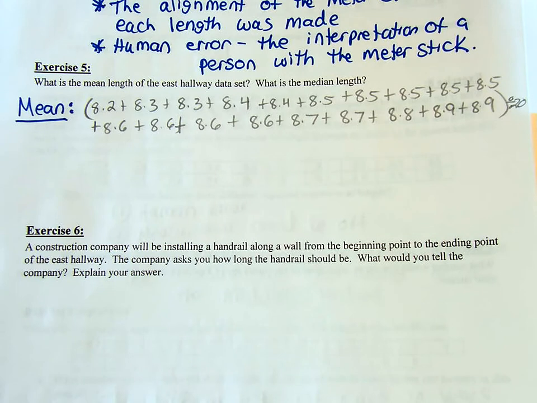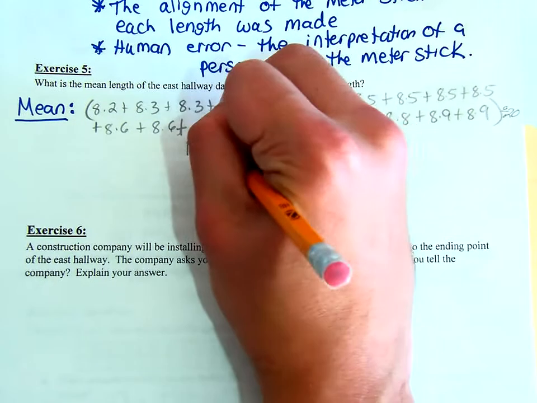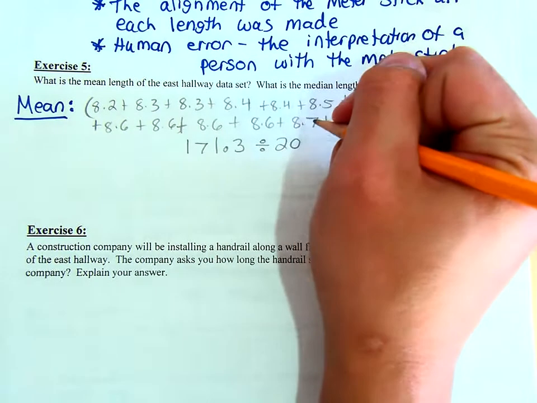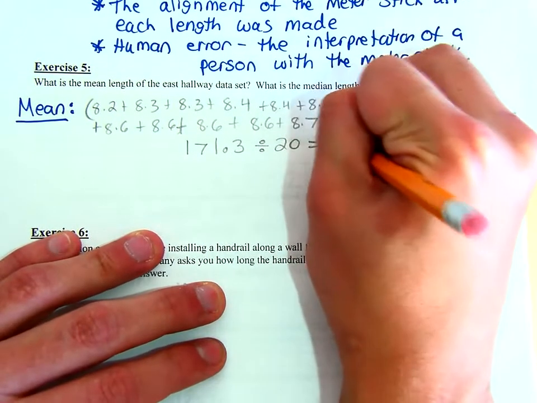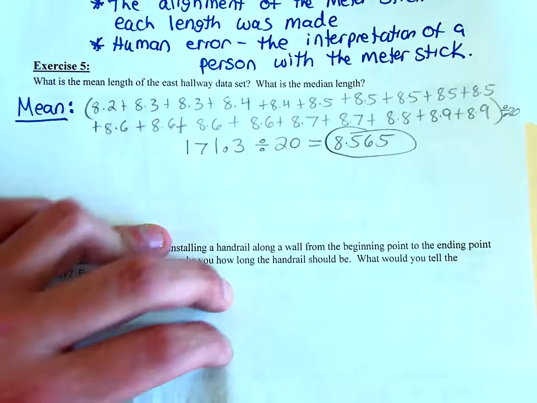If you added all those numbers together in your calculator, you should get 171.3, and then we divide that by 20 to get about 8.565. So there's our mean.